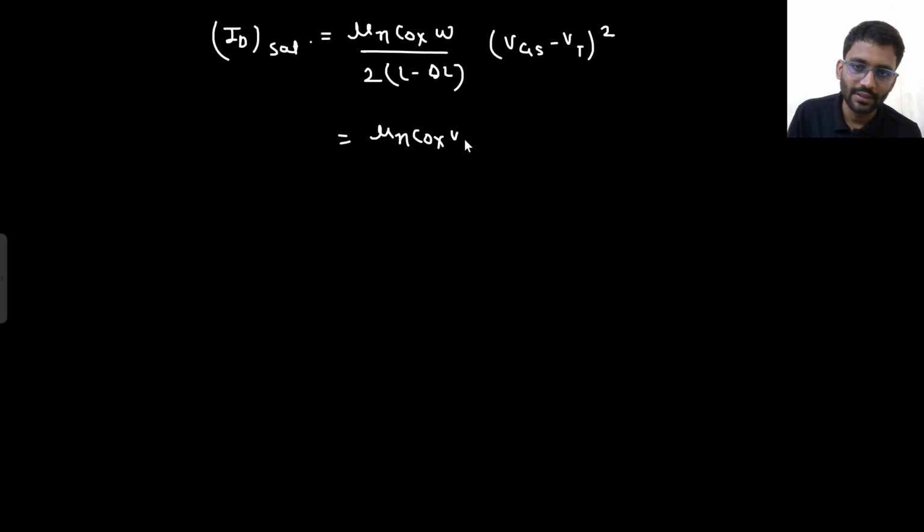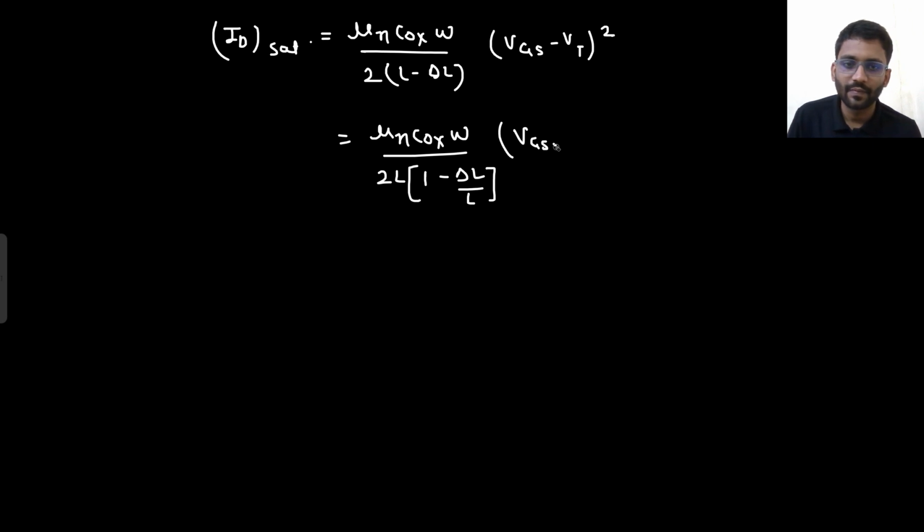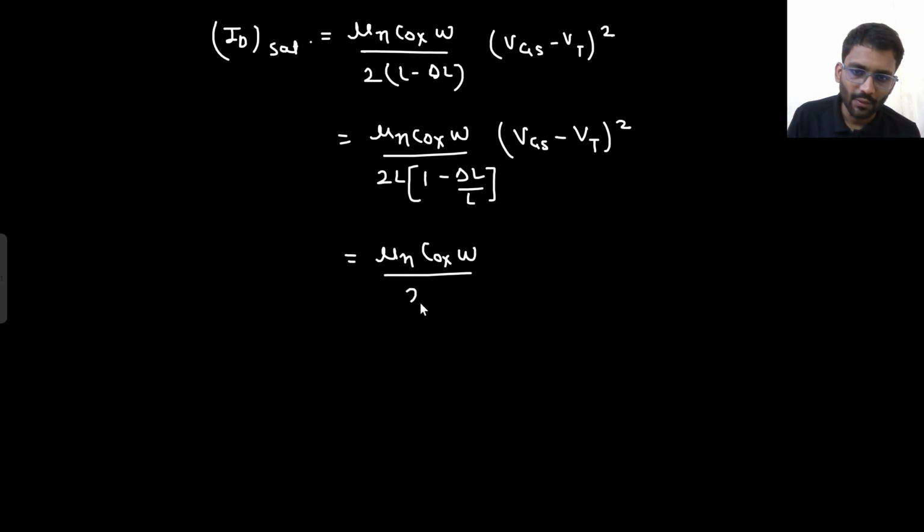Mu n cox w by 2L, 1 minus delta L by L, into VGS minus VT whole square. Mu n cox w by 2L VGS minus VT whole square.